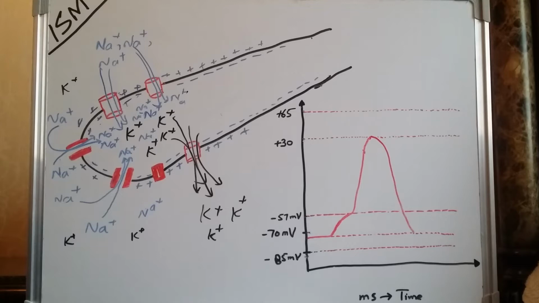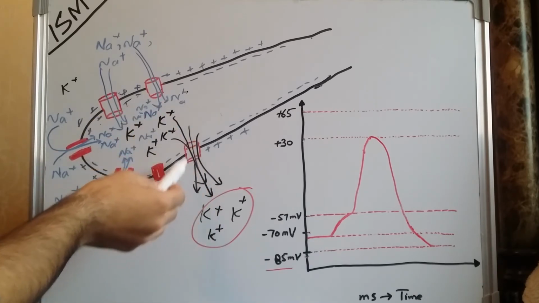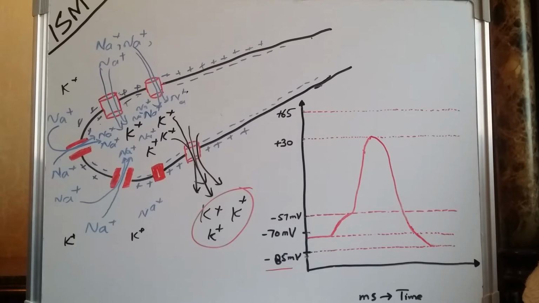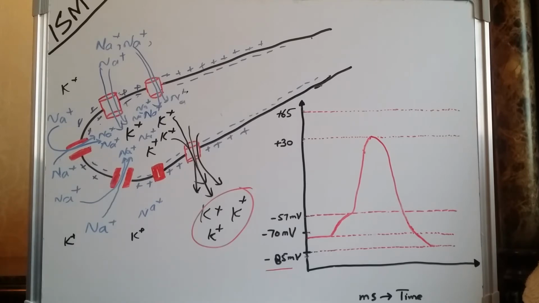Then the membrane starts to hyperpolarize and goes to minus 85. Why does it go there? The potassium which is more inside comes out when these voltage-gated potassium channels open up, and enough potassium comes out, and the membrane repolarizes and reaches minus 70 millivolts.